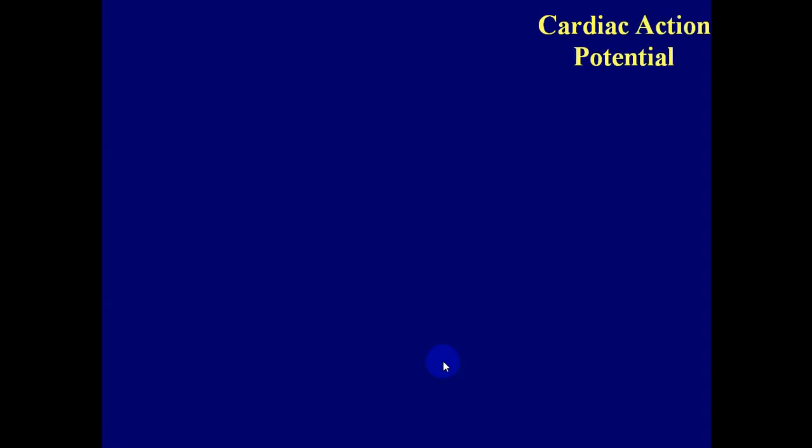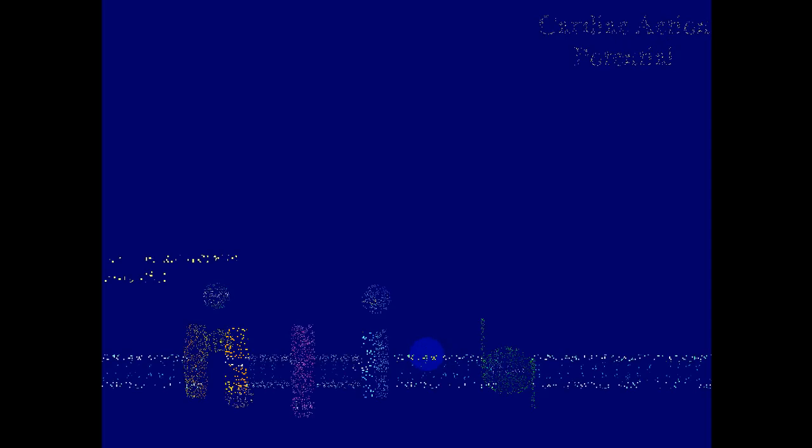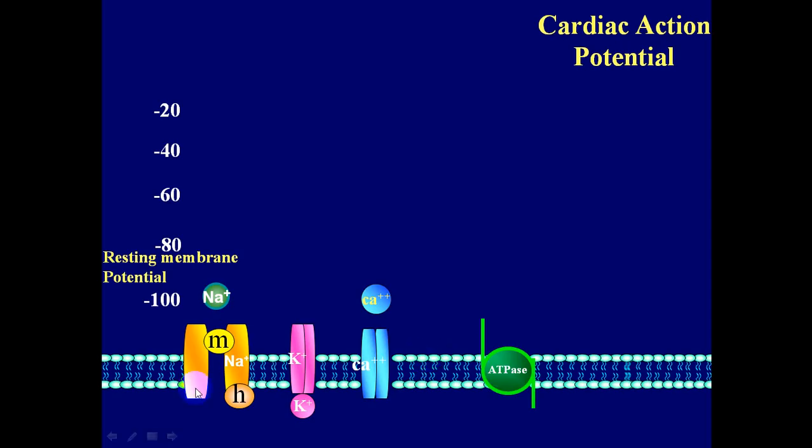A few points about the action potential. We take this subject in the introduction to the physiology of cardiovascular disease, but it is better to remind you because it is important in studying the cardiac arrhythmias. In the action potential we have three main channels: sodium, potassium, and calcium.